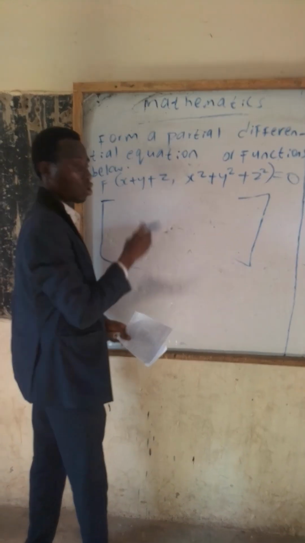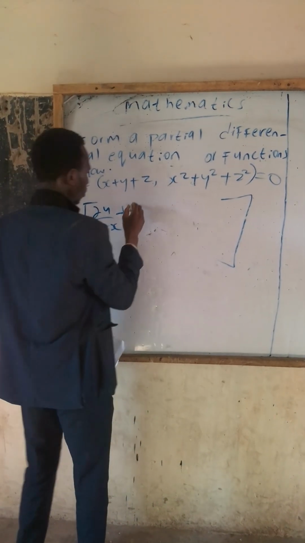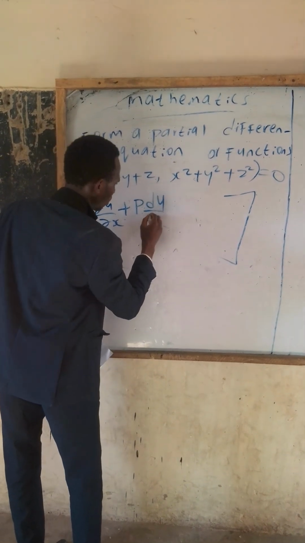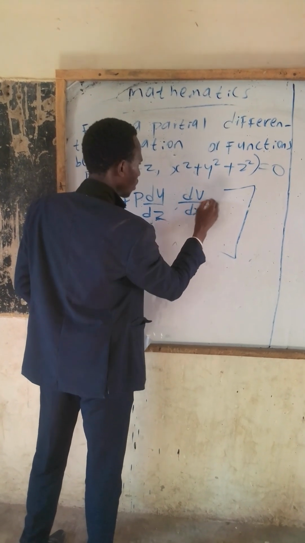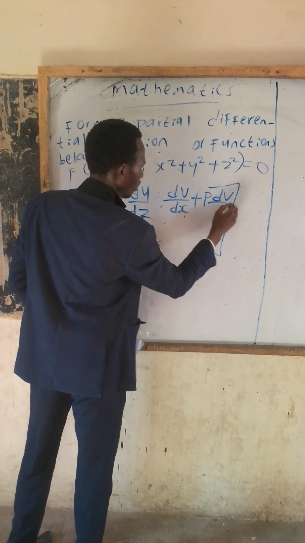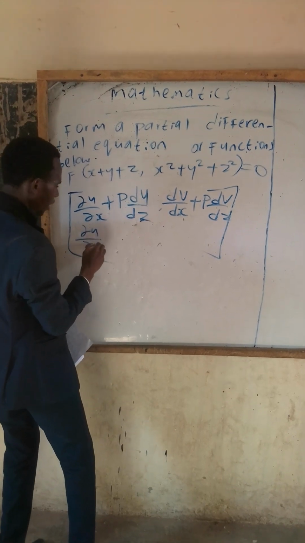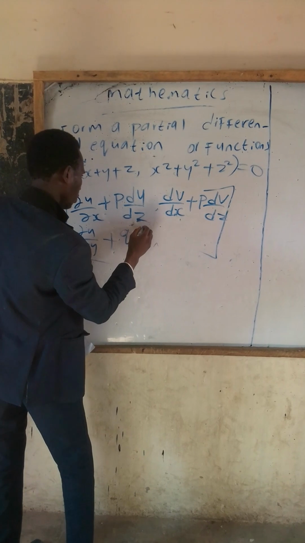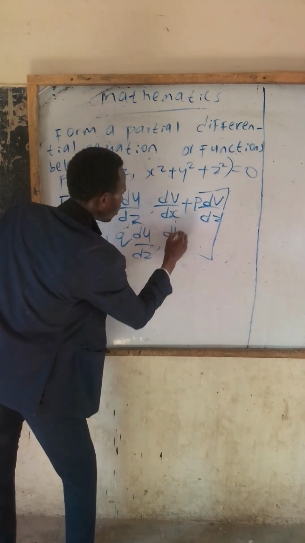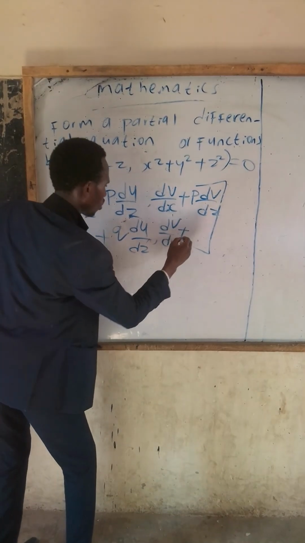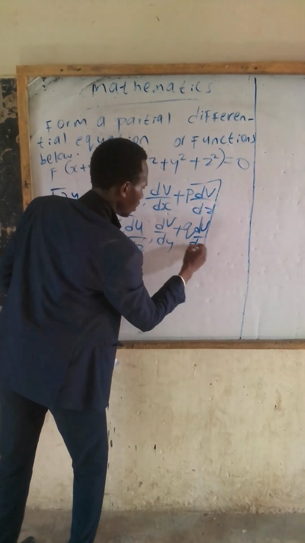It's a formula that guides us to solve this problem, which is du/dx plus p du/dz, comma, dv/dx plus p dv/dz, and we also have du/dy plus q du/dz, comma, dv/dy plus q dv/dz.